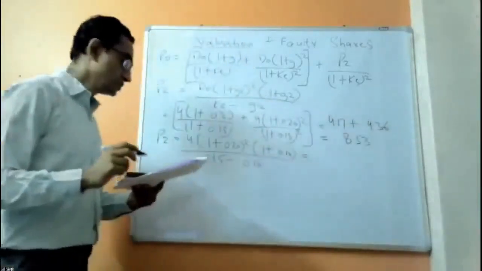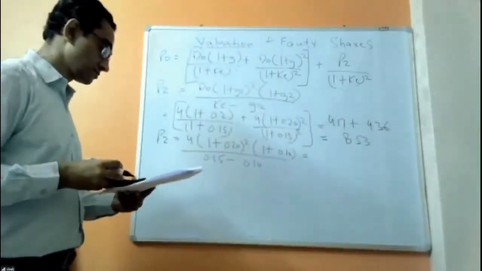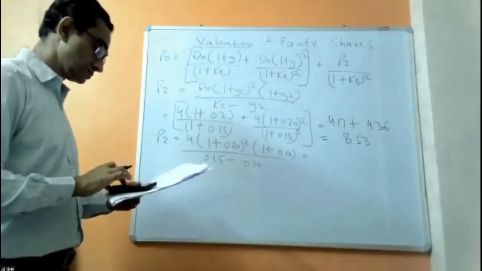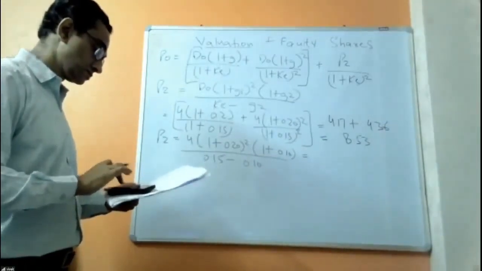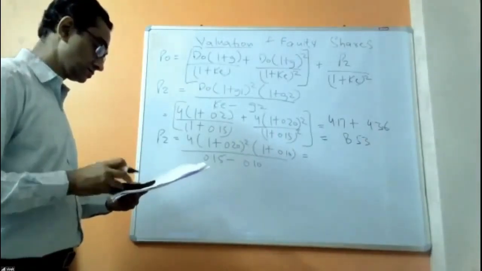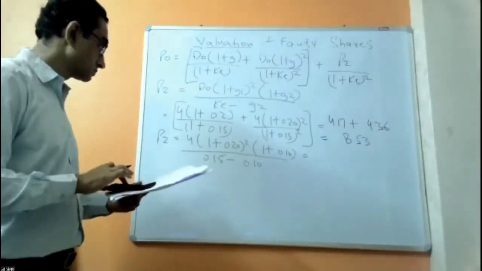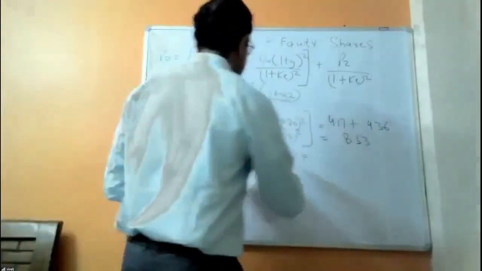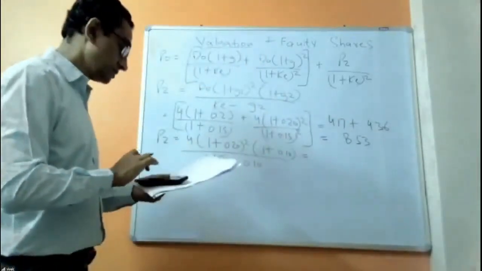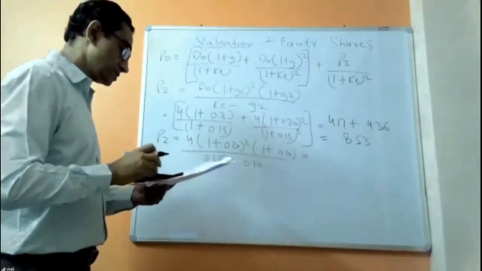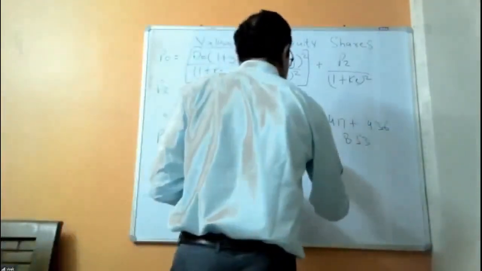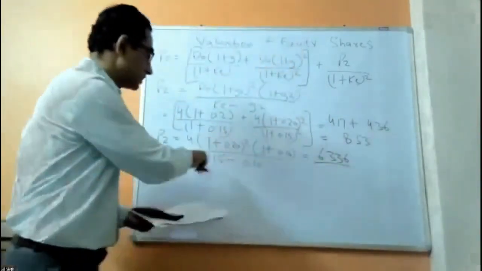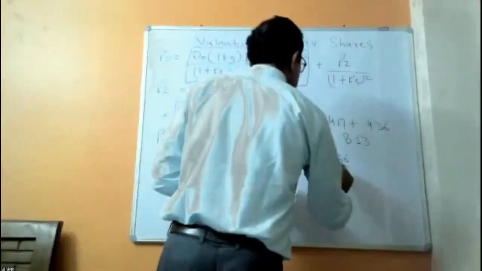Let us solve this P2 portion. It is coming to 5.76. So 5.76 multiplied by 1.1 is 6.336, divided by 0.15 minus 0.05.